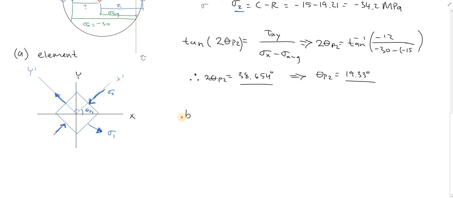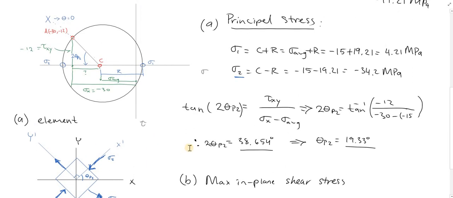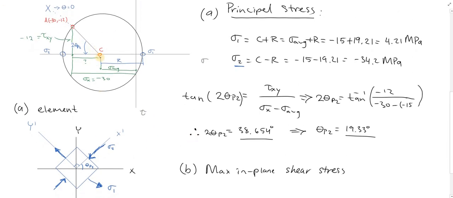For B, we want to find the max in plane shear stress. If we have a look here again, my maximum in plane shear stress is then located at the bottom. And what does that tell us?